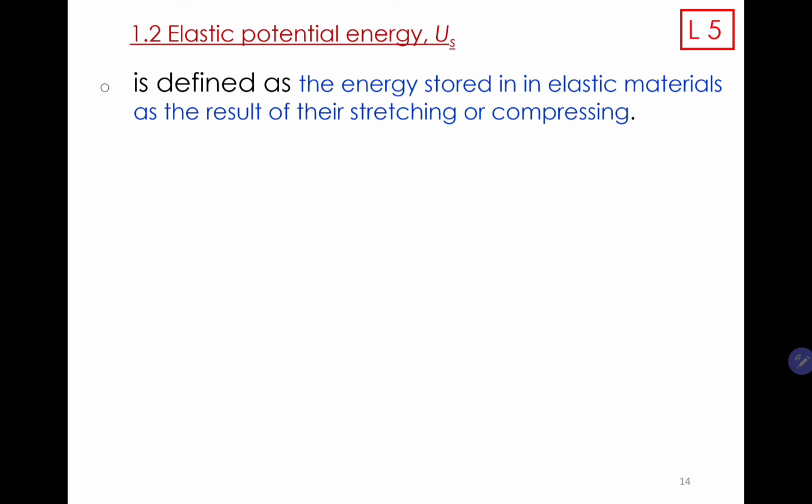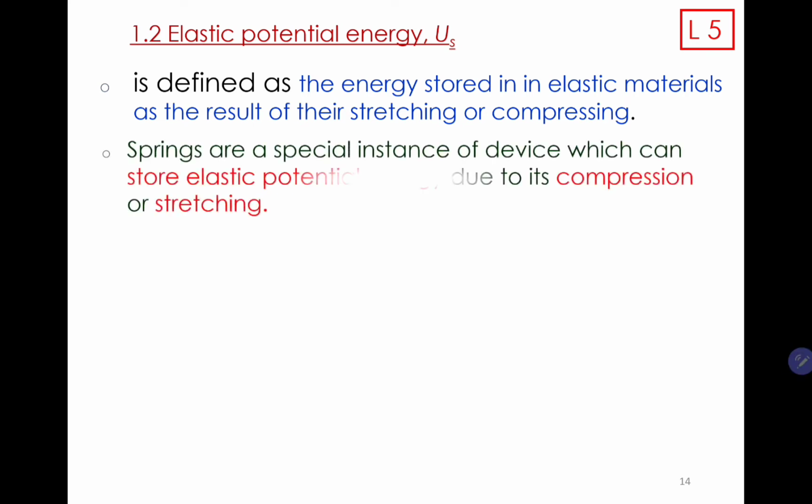Next, the second type of potential energy, we name it elastic potential energy. The symbol is US. So what is US? US is defined as the energy stored in elastic materials as the result of their stretching or compressing. Springs are a special instance of a device which can store elastic potential energy due to compression or stretching.